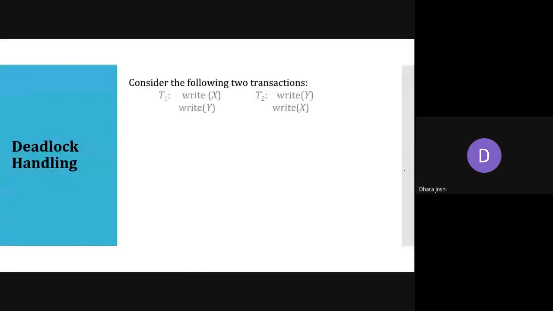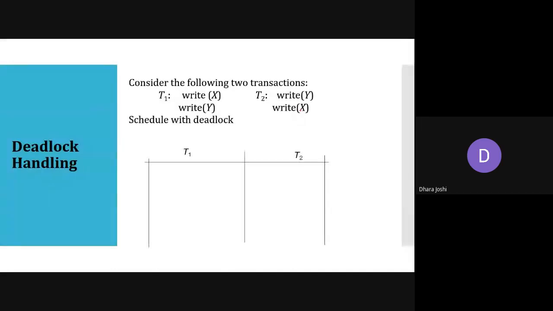We have two transactions, T1 and T2. T1 wants to write first on data item X and then on data item Y. T2 wants to write first on data item Y and then on data item X. T1 wants to write on X, so it acquires an exclusive lock and writes on data item X. After that, T2 wants to write on data item Y, so T2 acquires the lock on Y and writes on Y. Now T2 wants to write on X, but it is locked by T1, so T2 needs to wait.